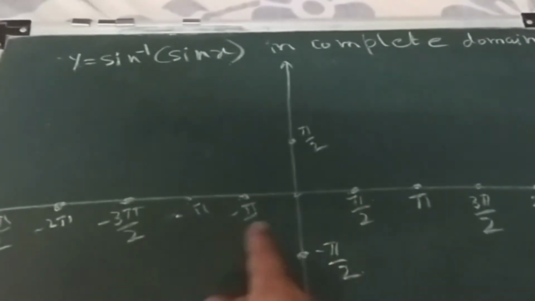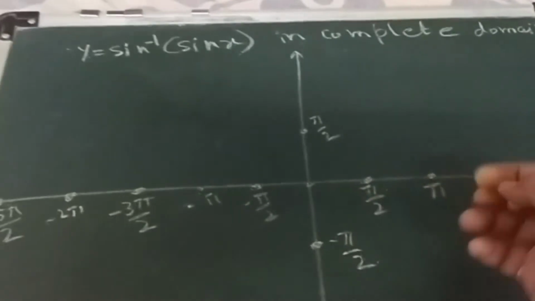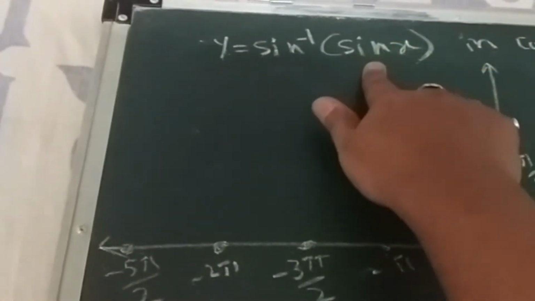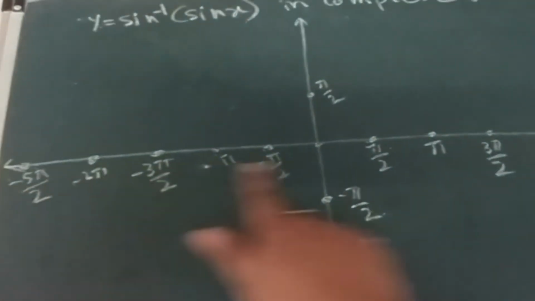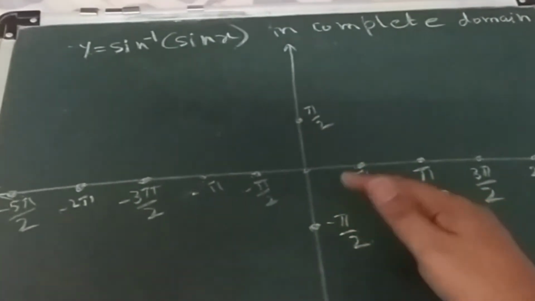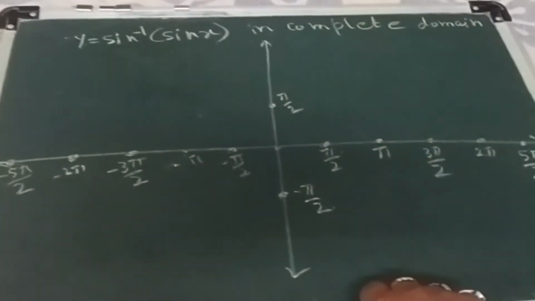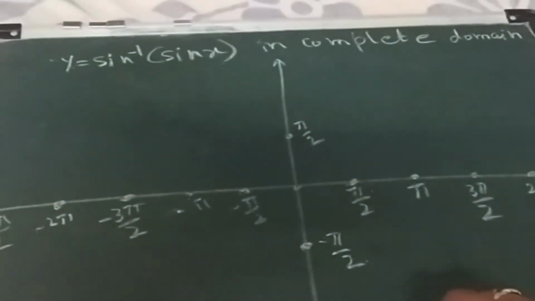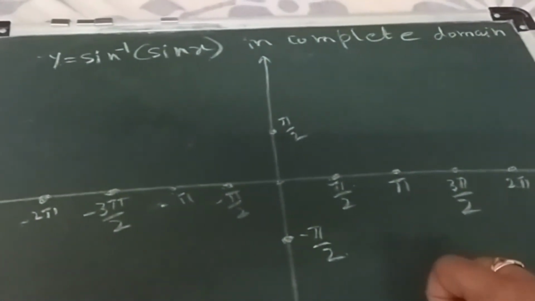But here, for sine x, along the x axis I have to write angles, and along the y axis I have to write minus pi by 2 to plus pi by 2 in the full domain. Now how I will draw it, I will start in my next video.